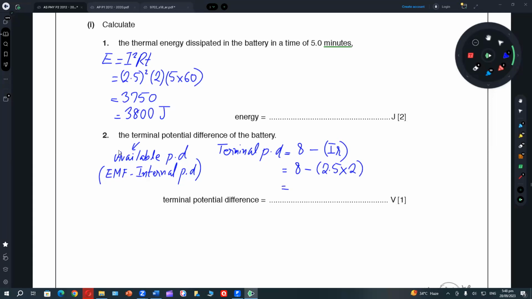So this is how we show the working. So what is the answer for terminal PD? Answer will be 3.